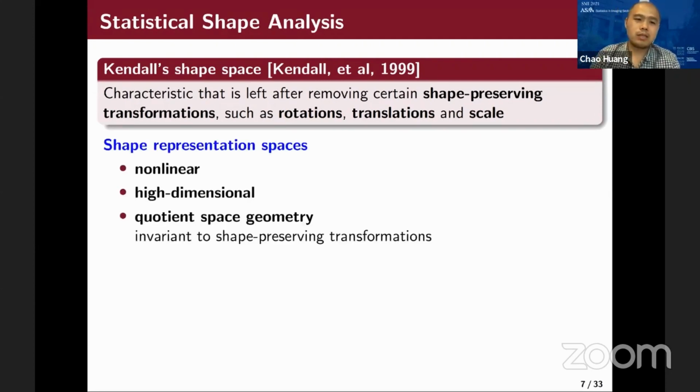The shape representation spaces are usually nonlinear and high dimensional, and also have a quotient space geometry. For the last property, as we introduced for the Kendall shape space, we remove all these shape-preserving transformations, so the shape representation spaces are invariant to them.